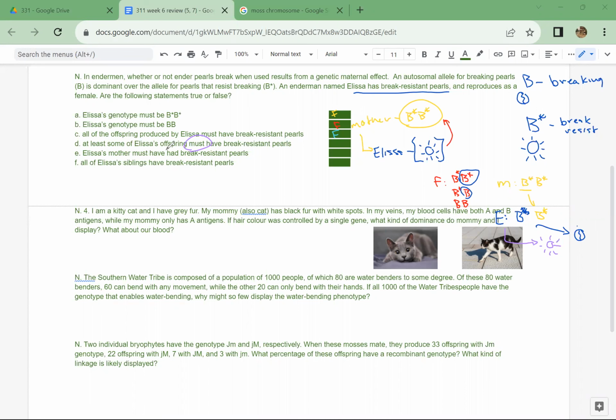At least some of them must have break-resistant pearls. Not necessarily. It could be that, once again, Elisa's father gave just the regular B, and therefore Elisa has the genotype that would transfer the phenotype of breaking pearls to her offspring.